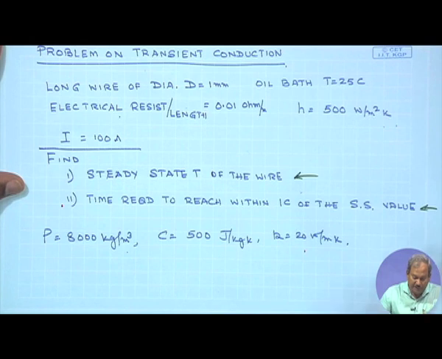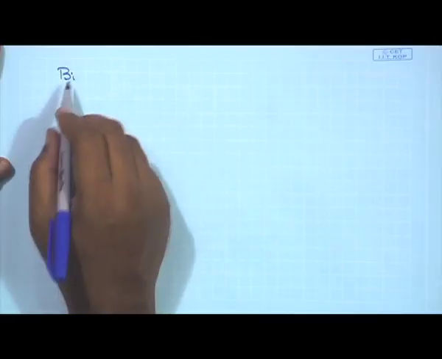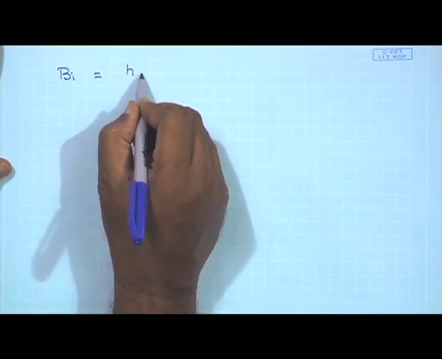But before we start this problem, one first has to find out the Biot number in this specific case, such that we would be able to determine whether or not the lumped capacitance model is valid. So, Biot number, this is a cylindrical system.